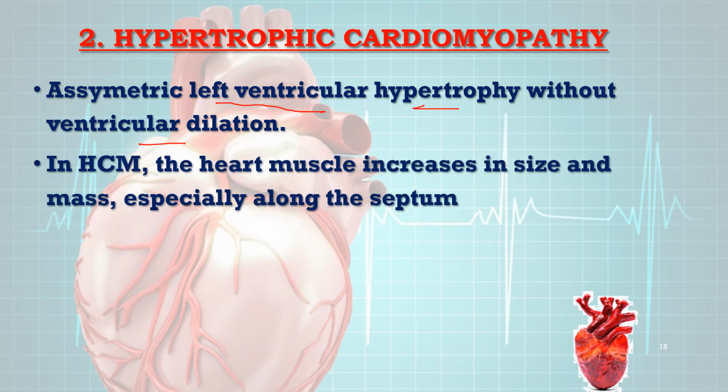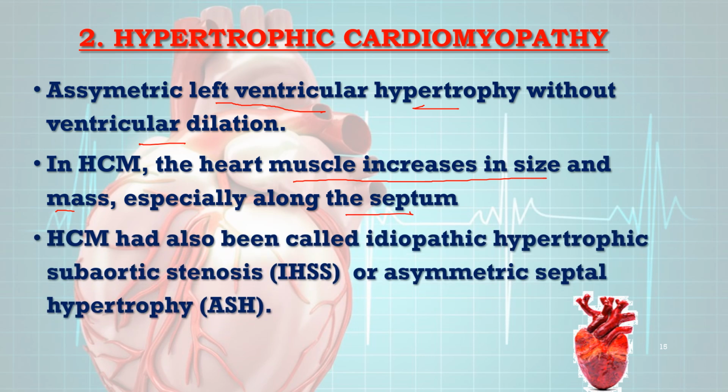In hypertrophic cardiomyopathy, the heart muscle increases in size. That is a significant feature. The heart muscle increases in size and mass, especially along the septum. It has also been called idiopathic hypertrophic subaortic stenosis or asymmetric septal hypertrophy, the other terms for hypertrophic cardiomyopathy.